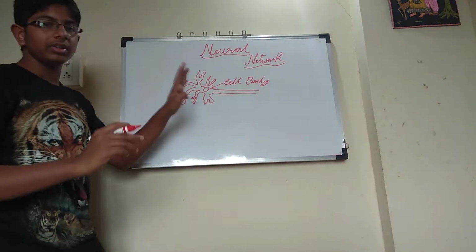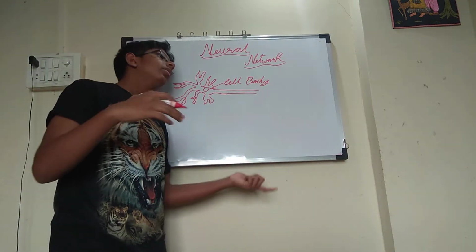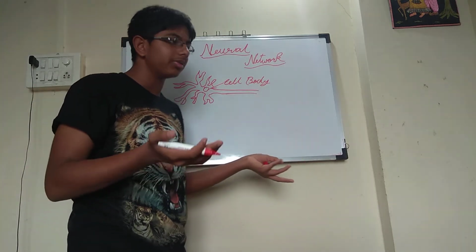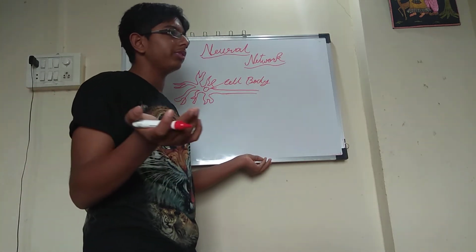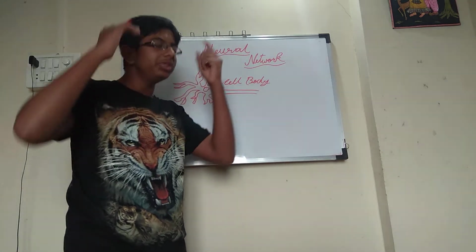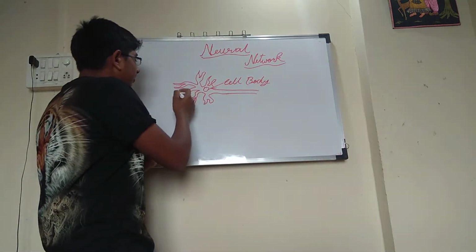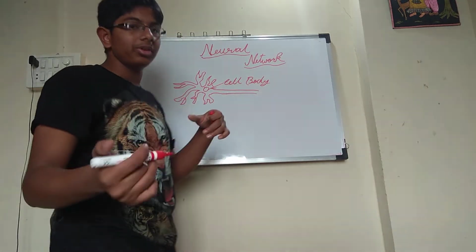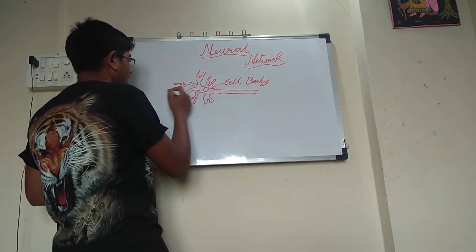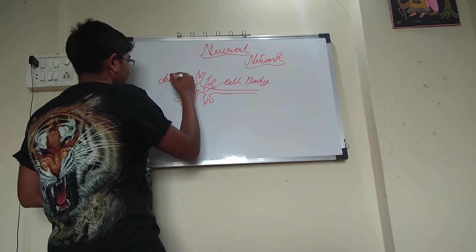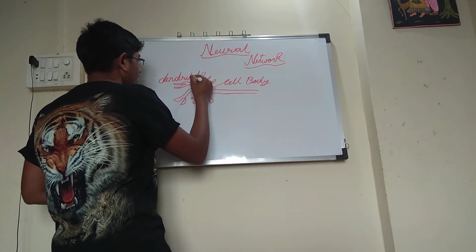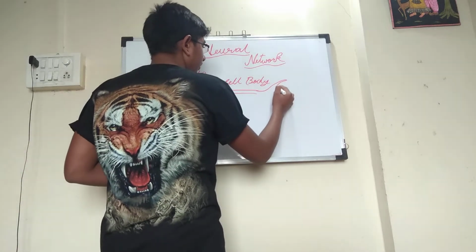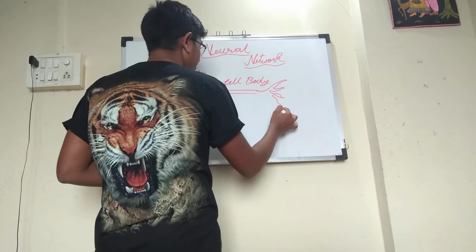Everybody knows this cell body if you have ever attended a biology class in grades 8, 9, 10, or of course your medical classes. If you're a medical student watching this video, you of course have an idea of what this neuron is, and even the students of 8 and 9. These are dendrites, of course. Then there are axon terminals.